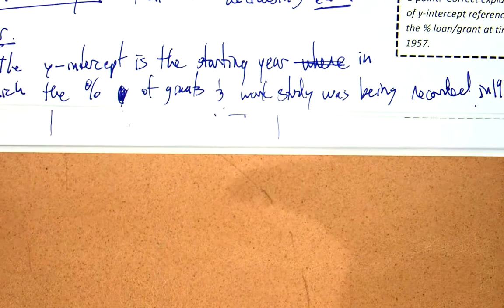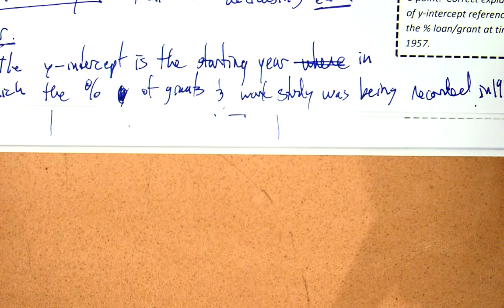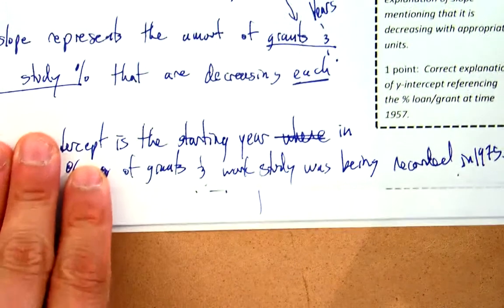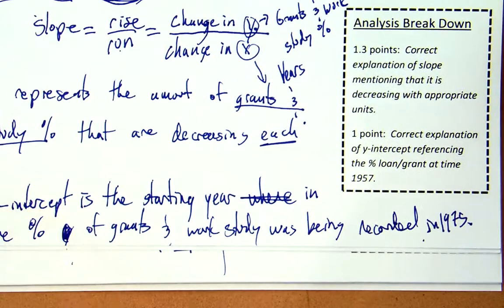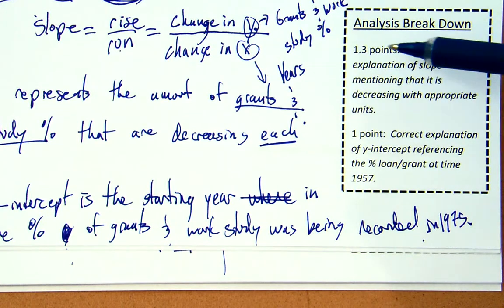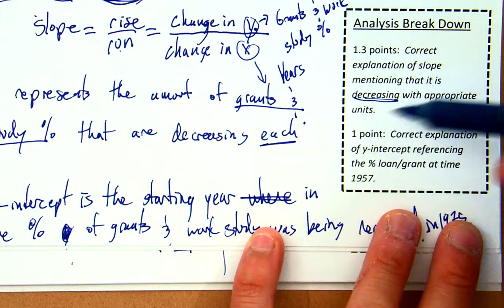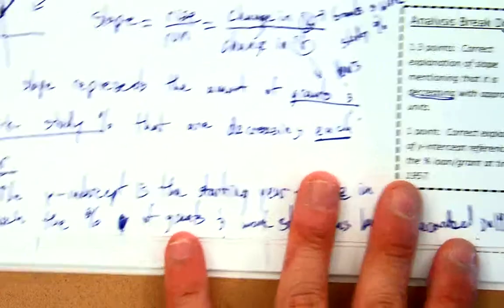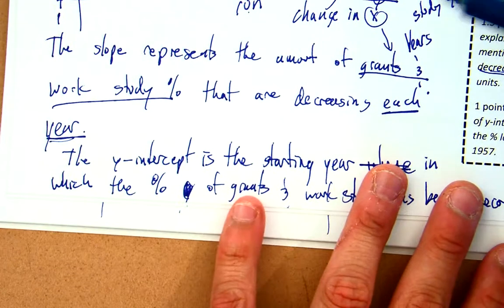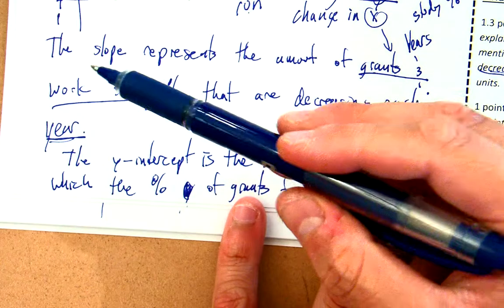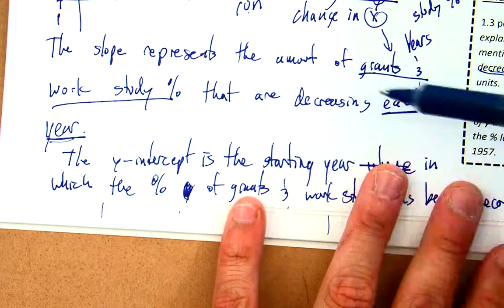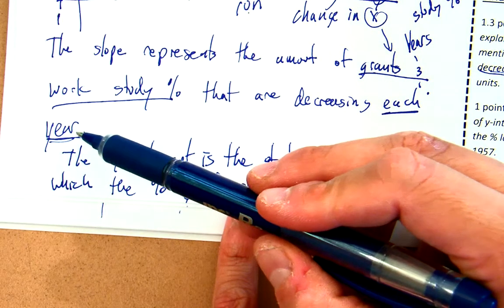Alright, so now look at the scoring guide. And then we're going to do an exercise that shouldn't have taken us that long. You get 1.3 points. Correct explanation of slope, mentioning that the slope is decreasing, with appropriate units. Did we say the right units? Yes, because we said grants and work study percent and per year.